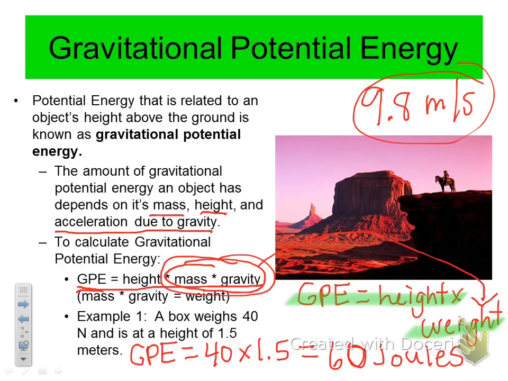If I'm holding two objects, it doesn't matter what I'm holding. If I'm holding this popsicle stick and this Sharpie, which one probably has more mass? The Sharpie. If I hold them at the same height, they're both going to fall at the same rate. Which one do you think will hit the ground first?